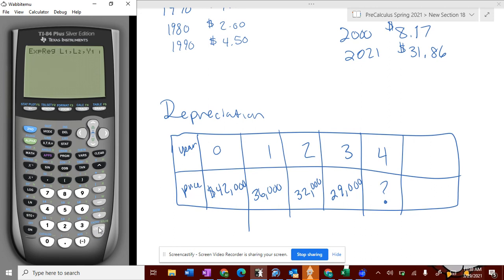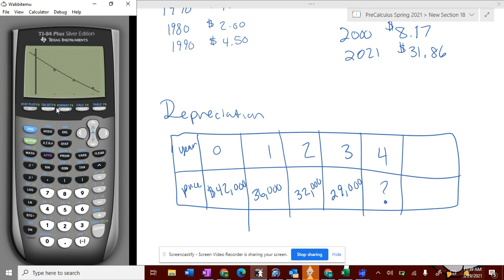Once we hit enter, again, a really good R value, negative 0.994. It's a negative this time. So if we look at the graph, oh, I did it again. I got to go zoom 9. It doesn't look very exponential, but it's got a little bit of a curve to it.